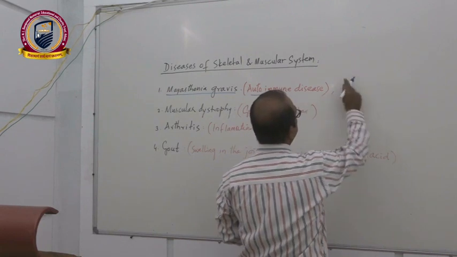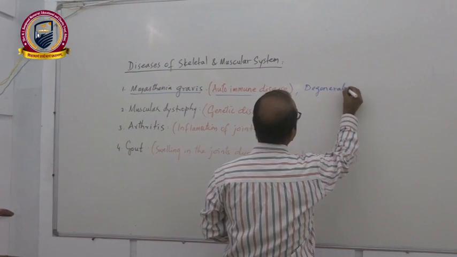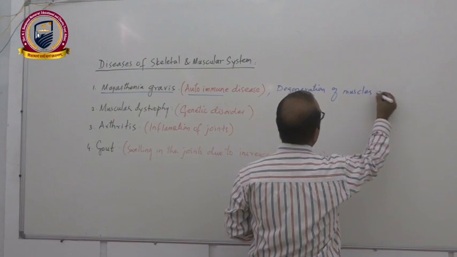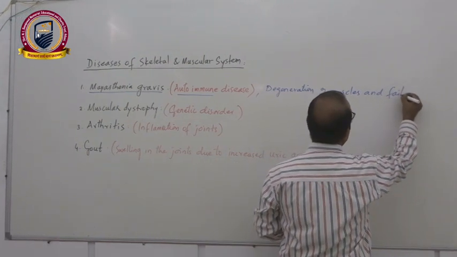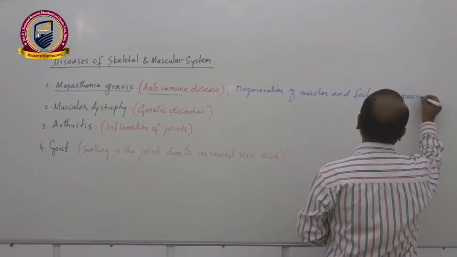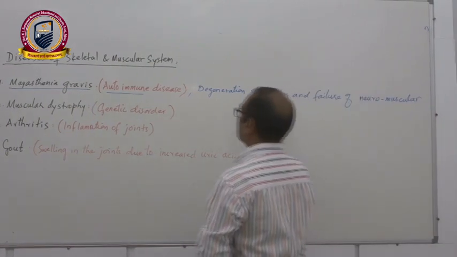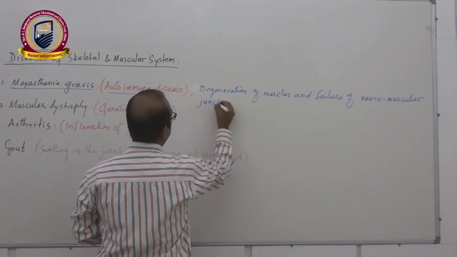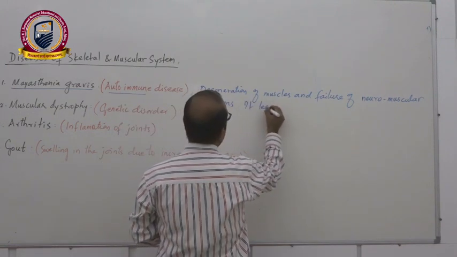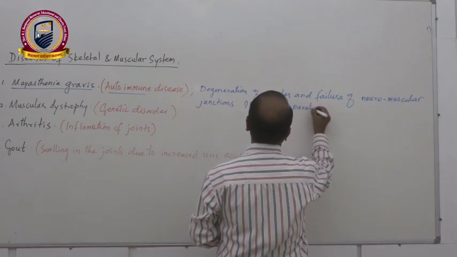So that is the degeneration of muscles and failure of neuromuscular junctions. It leads to paralysis.